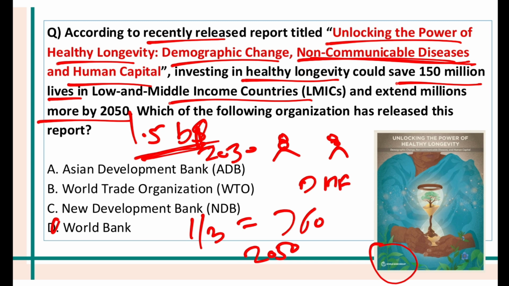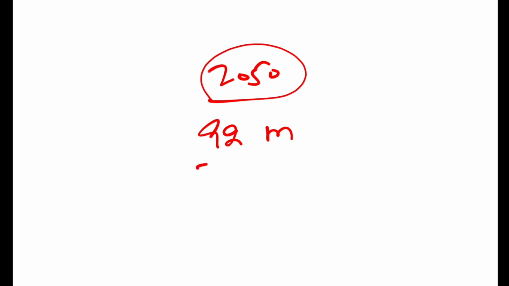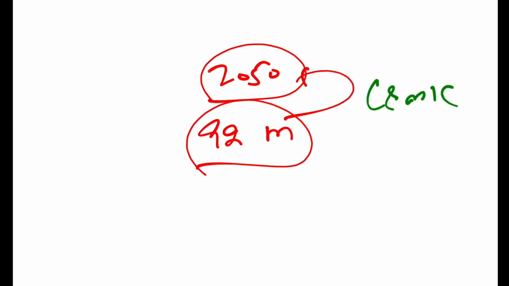And non-communicable disease like diabetes, heart disease, cancer, respiratory disease, they account for 70% of all the deaths, in the low and middle income countries. And they have given certain projections. So by 2050, based on the current projection, there will be an increase in the overall death to 92 million. 92 million people will die from non-communicable disease in the low and middle income countries.